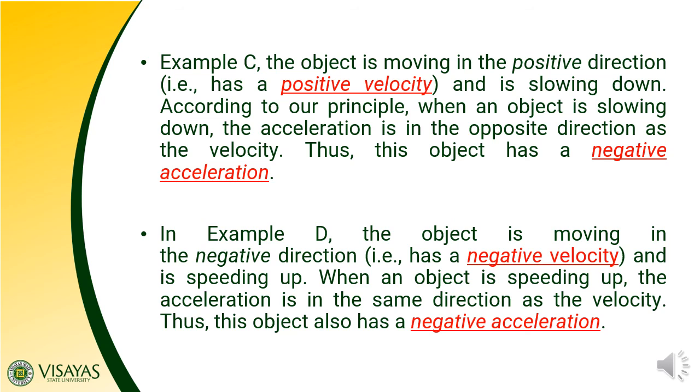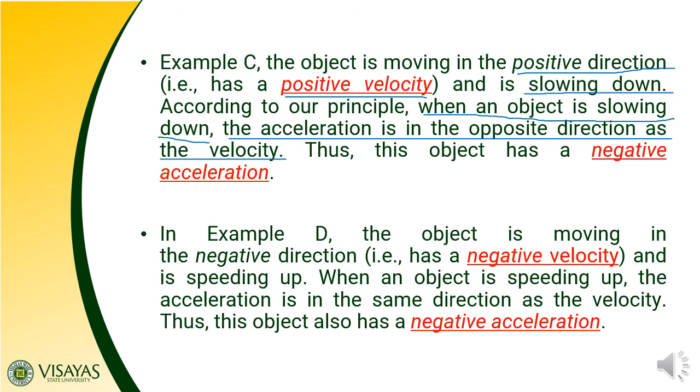So as we can observe in example C, we have here a situation in which the object is moving in the positive direction and it has a positive velocity, but it is slowing down. So in order for us to determine the acceleration, we must consider the general principle in which when an object is slowing down, the acceleration must be in the opposite direction as the velocity.